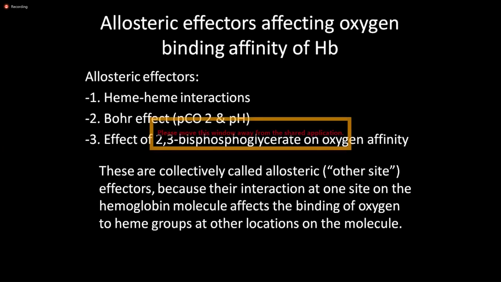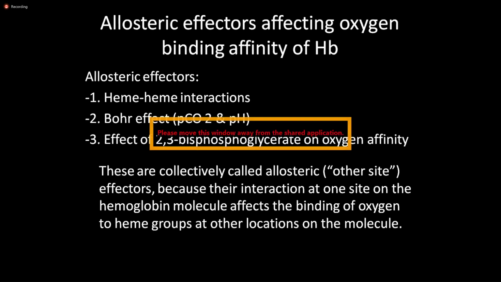Similarly, 2,3-bisphosphoglycerate, which is a byproduct of the glycolytic pathway, also binds with the hemoglobin molecule at the central pocket, and that causes conformational changes of the hemoglobin molecule, from the R to the T state. Again, oxygen unloading will be very easy, so oxygen will be very easily released from the hemoglobin.